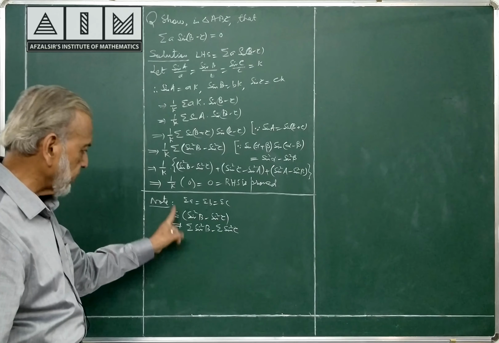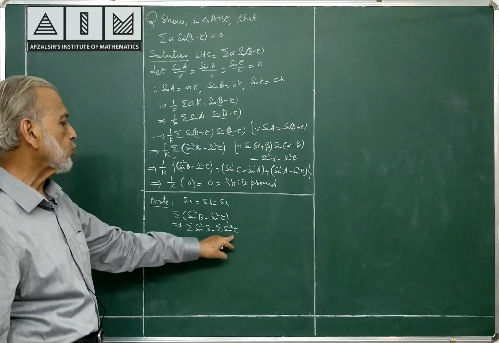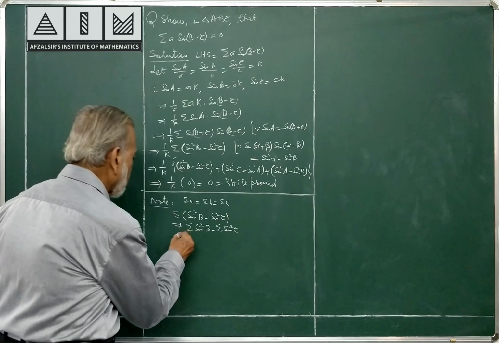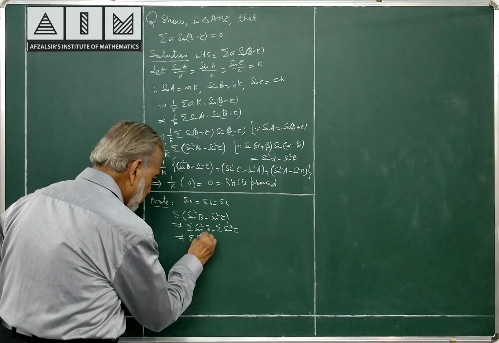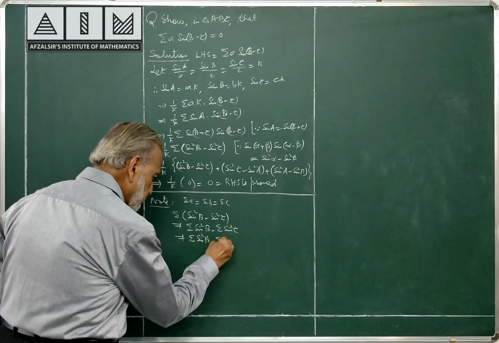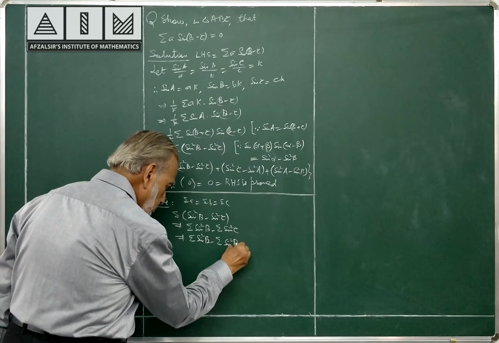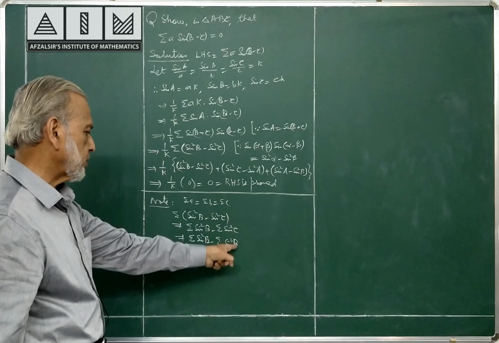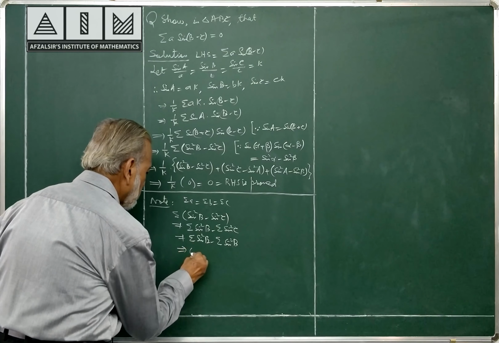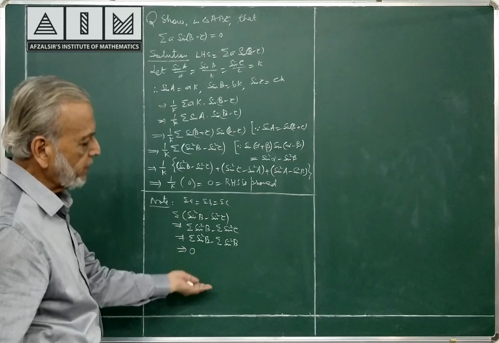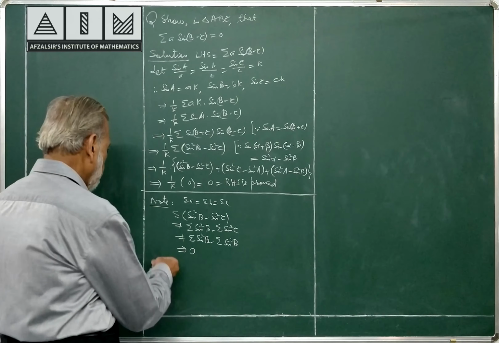It is sigma operating on sin square B, sigma operating on sin square C, and you know sigma B is equal to sigma C. So we can close here itself: sigma sin square B minus sigma sin square B again, because sigma sin square B and sigma sin square C are same, these two are equal, so this will be 0. The same thing can be done like this also. Whichever you feel is clear to you, please follow that.